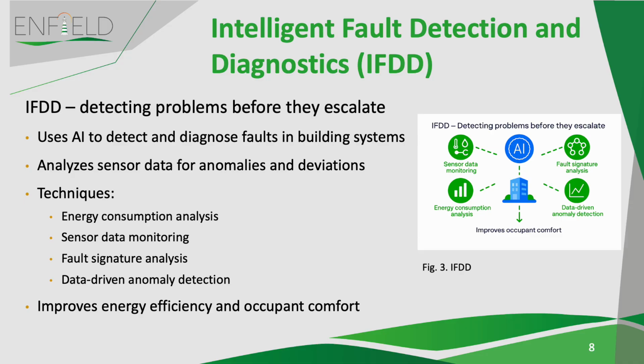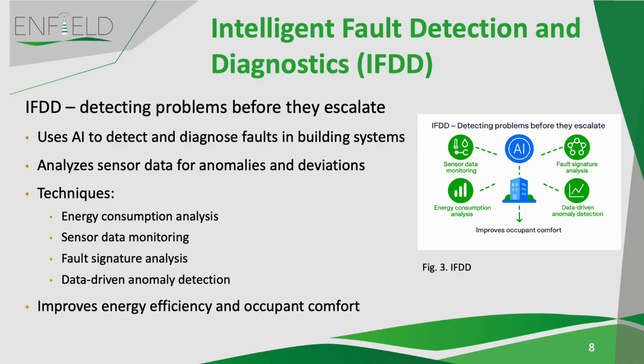For example, if an HVAC system suddenly consumes more energy than usual or airflow drops unexpectedly, the system flags it as a potential fault. There are several techniques involved. Energy usage analysis helps identify abnormal usage patterns.